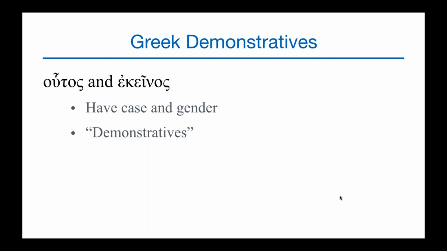In Greek, there are two demonstratives, sort of in the same way. You have houtos and ekeinos. And I pointed this out, I think, in last year's stuff. Ek-, this helps you remember it. Ek- means there.